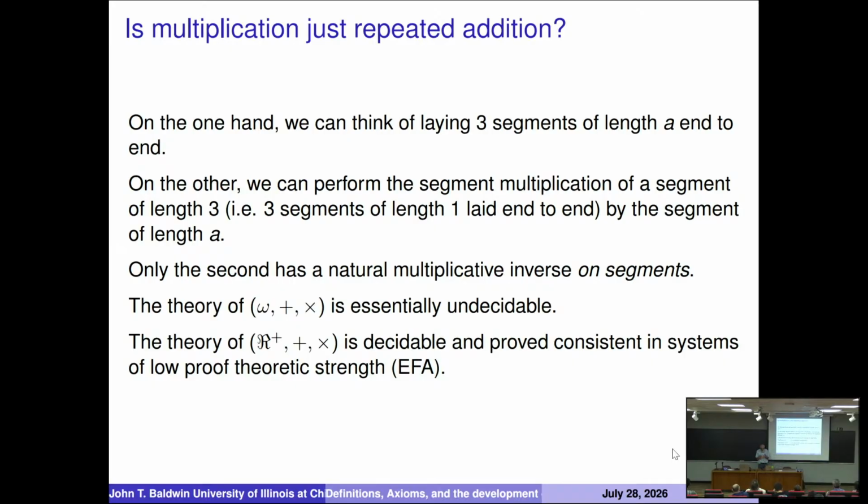So the question is, is multiplication just repeated addition? And you want to be clear that that isn't true, right? If you take 3, that's fine. But if you want to multiply 5/3 or 5/4 by 27 halves, this ain't going to work.